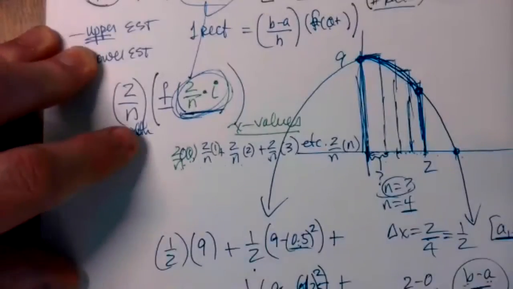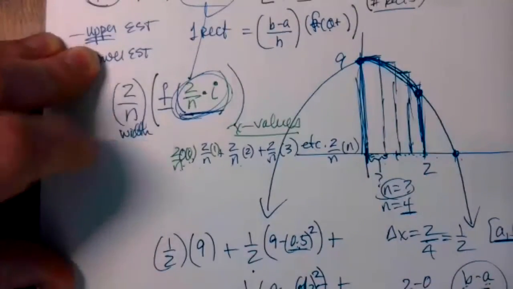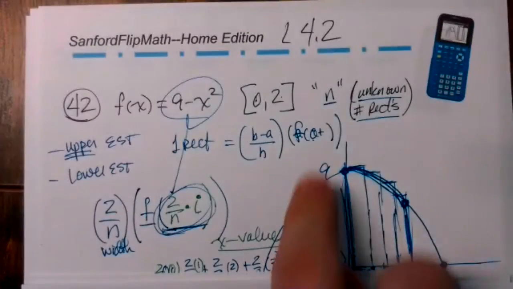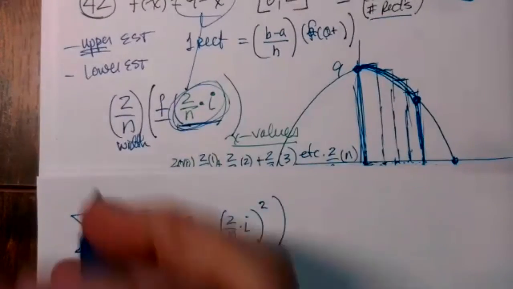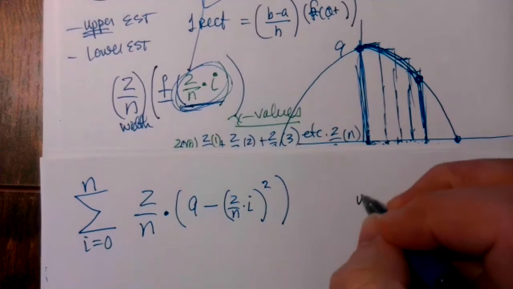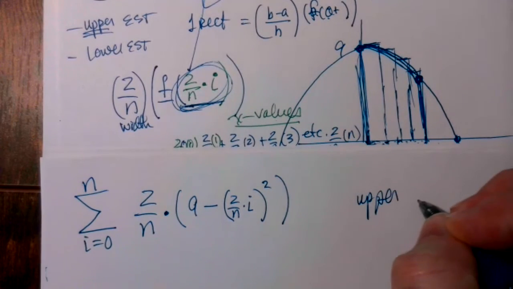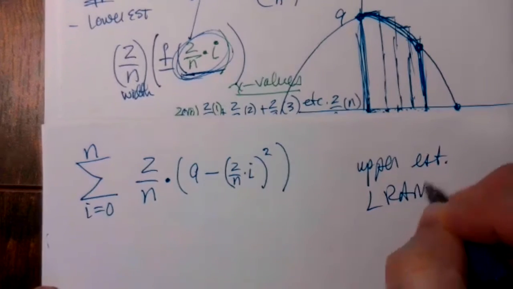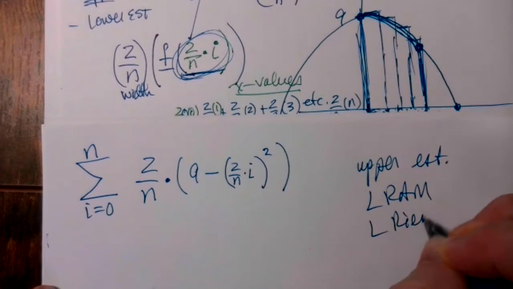Okay, so that creates this. And how far do I want this to go? I want an unknown number of rectangles, so I'm going to call that n. So this is the upper estimate. This is LRAM. This is a left Riemann sum.